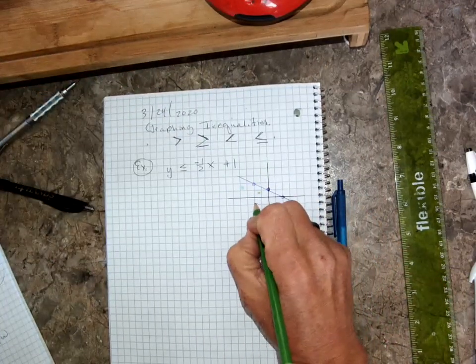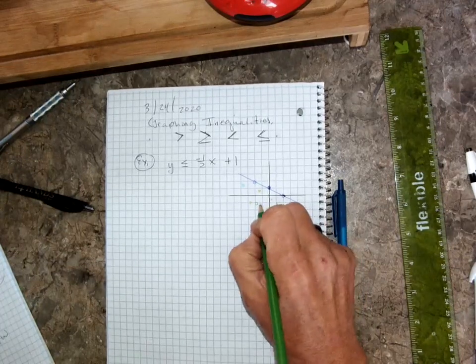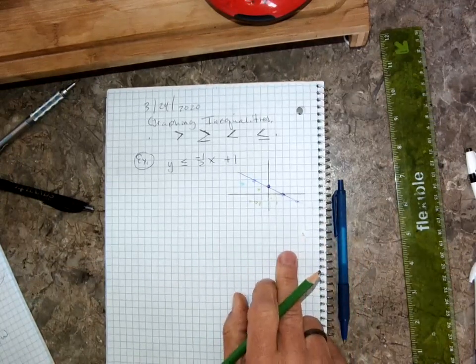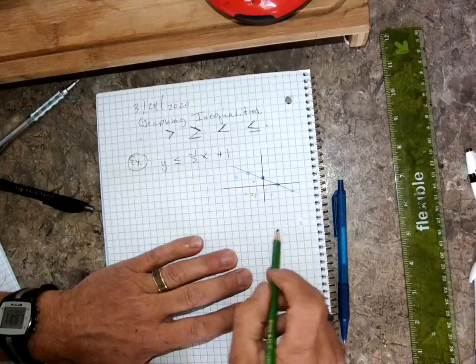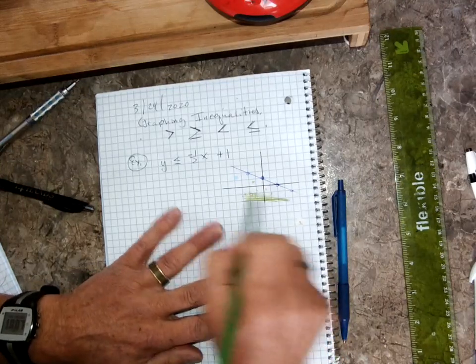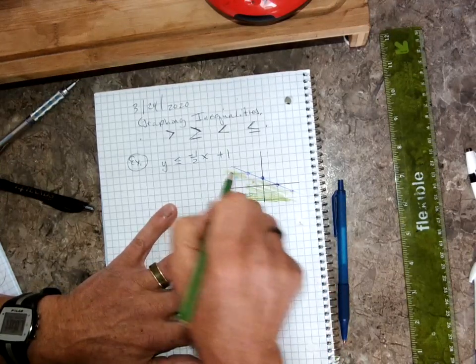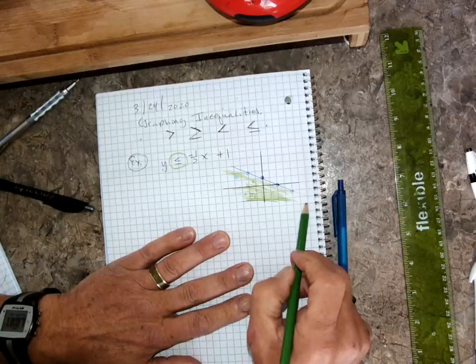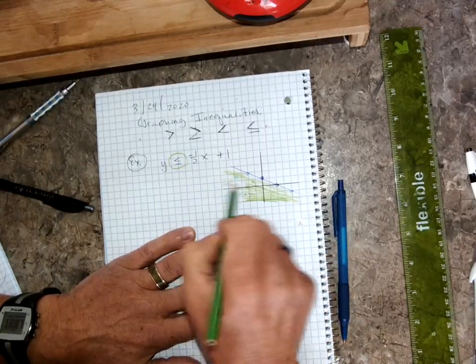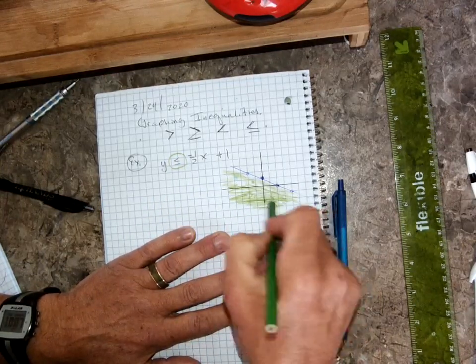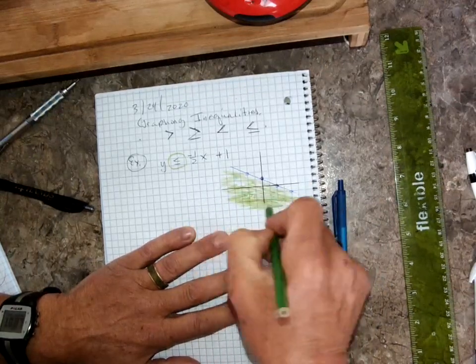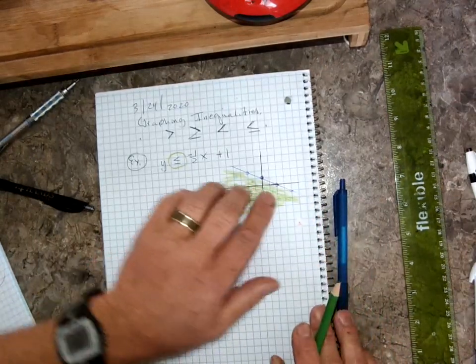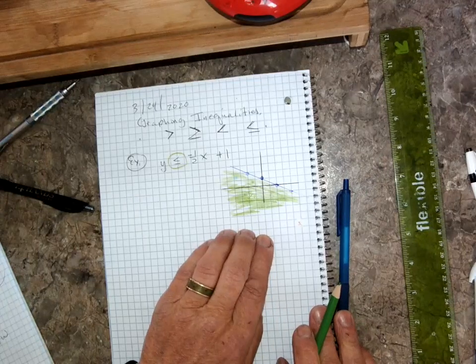It's less than. In fact, there are so many points that are less than this line that you can't possibly put them all down. So we shade our area, everything below the line, because it says less than. I'm going to shade and shade, but that shows that all of these points are less than.